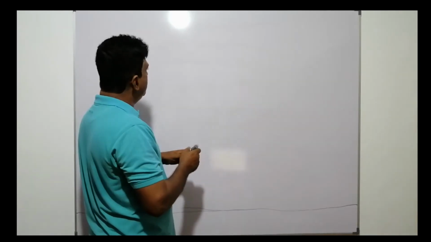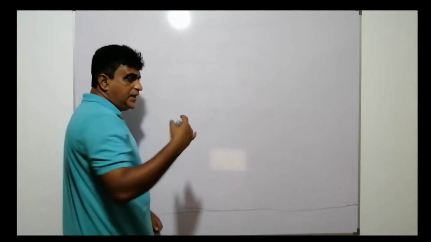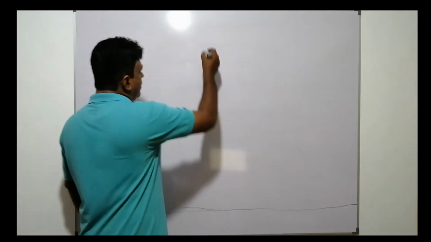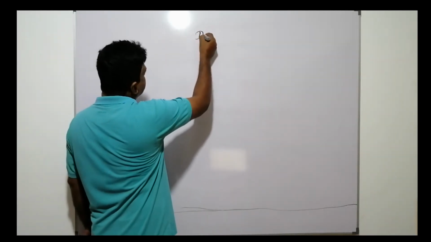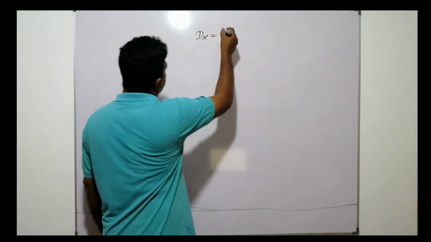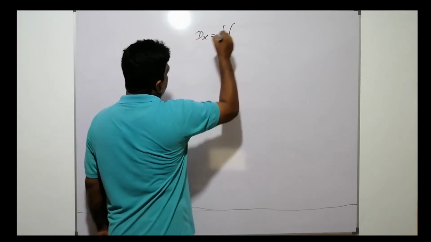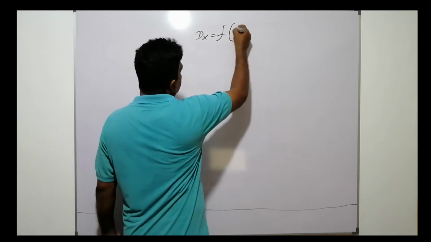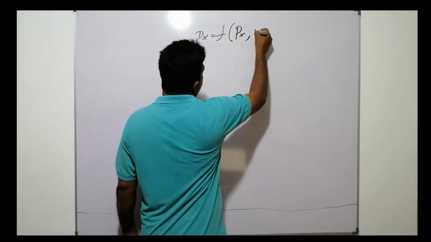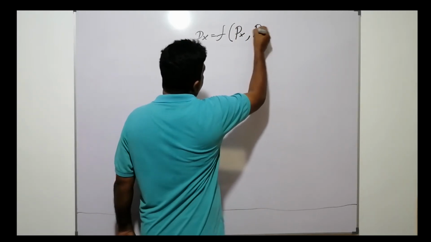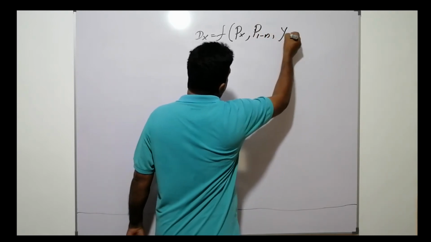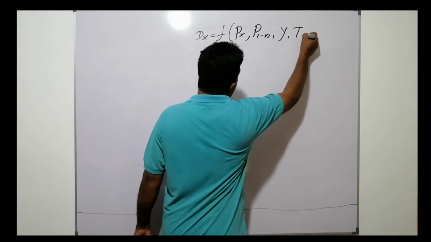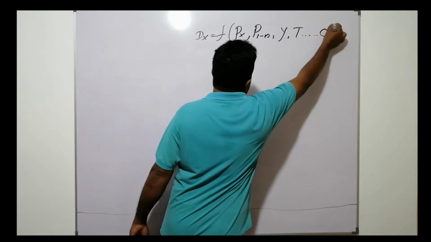In the second concept, in the demand function we discussed Dx = f(Px, P1 to n, Y, T, and so on), other factors.